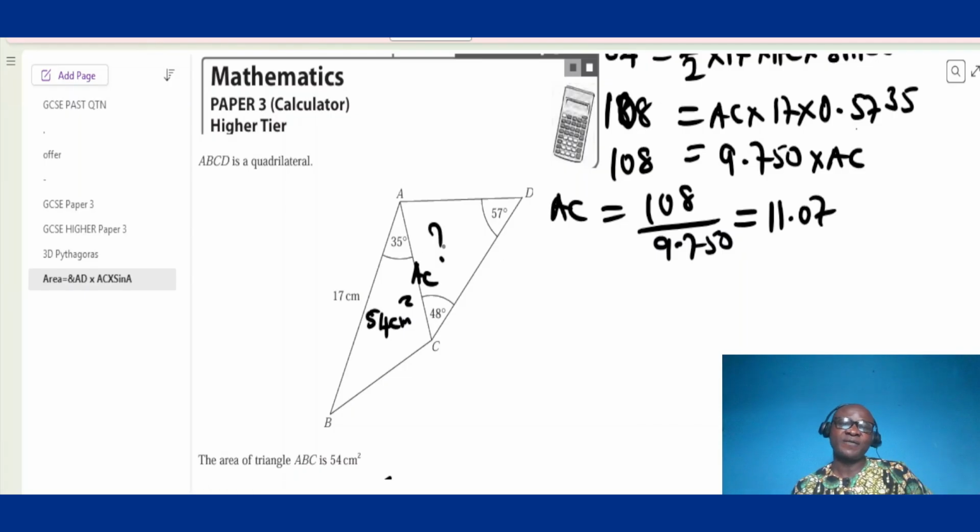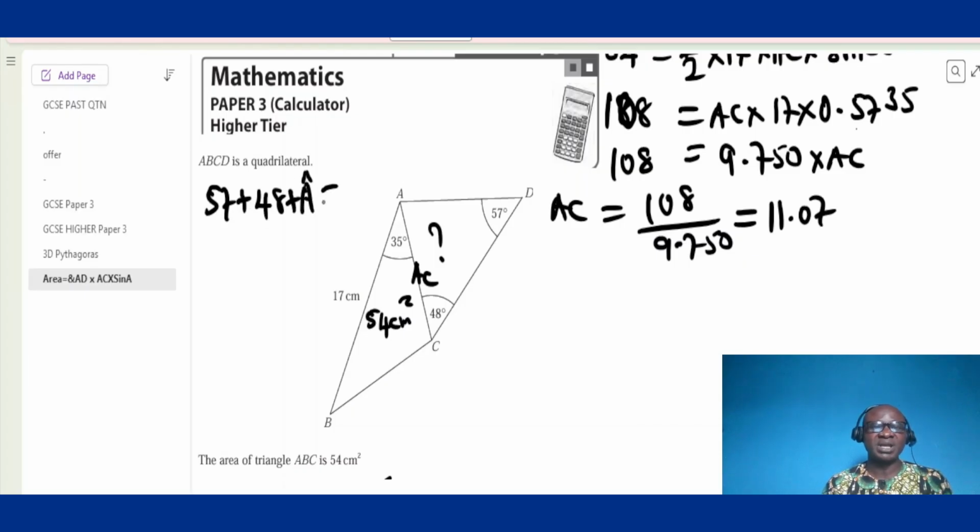For me to find the area of triangle ACD as requested, I need two sides also. But before I go on, kindly see that in this triangle ACD, I am given two angles, which are 57 and 48, but angle A is not given to me there. The sum of angles in a triangle is equal to 180, so I can find it now. 57 plus 48 is 105.